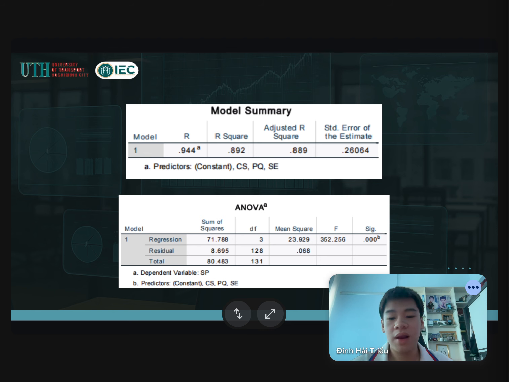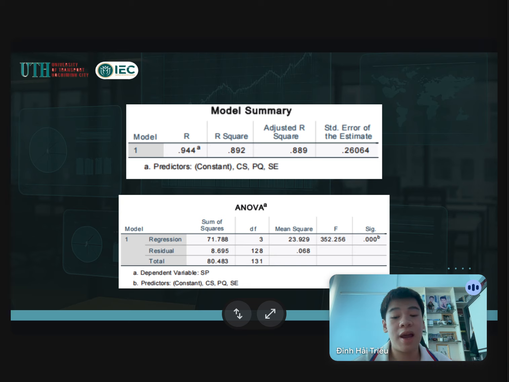To conclude, let me summarize the main findings. First, the descriptive analysis shows that the respondents generally have positive perceptions toward all major research variables, with average scores above 4 out of 5.